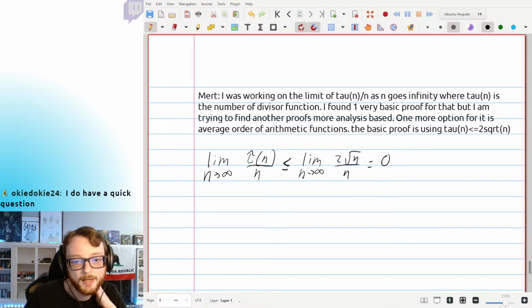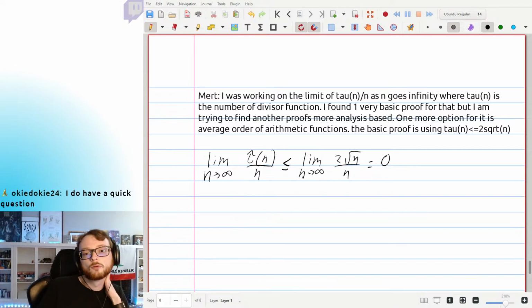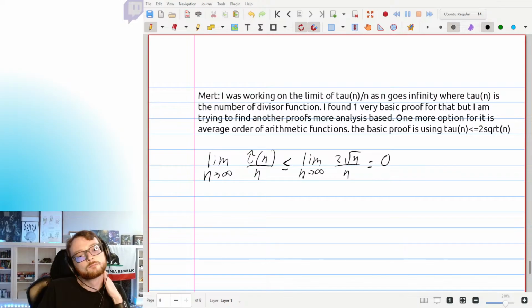You want a more analysis-based proof of this. I don't see what's not analysis about this, but something like a little more sophisticated, I guess. Technically, we should establish that 0 is also less than that, but that's pretty simple.